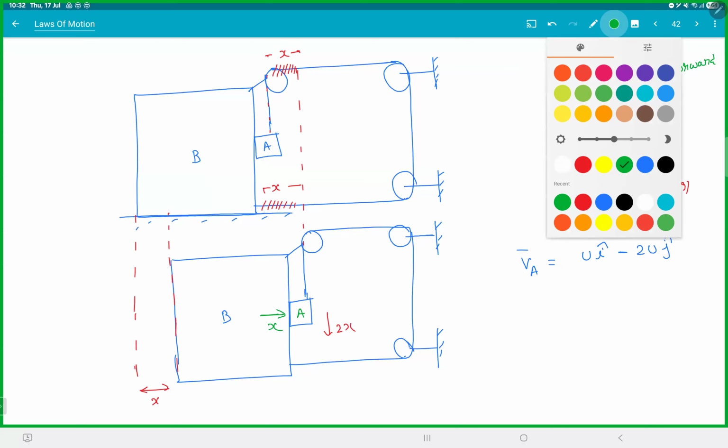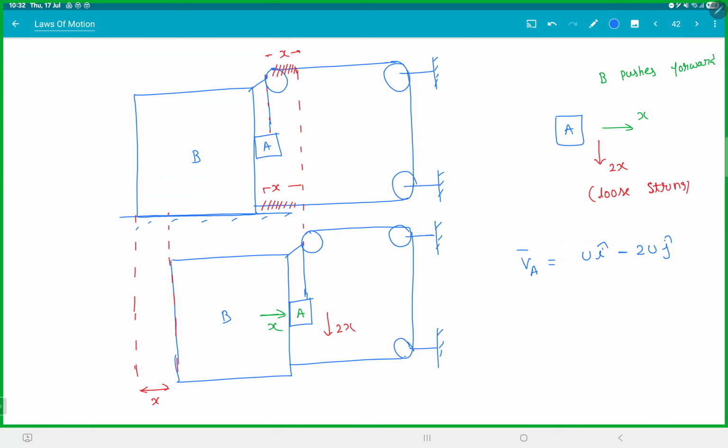So whenever this thing goes here, you have two shaded strings. So when B moves forward, two strings become loose. And also B pushes A forward by x.